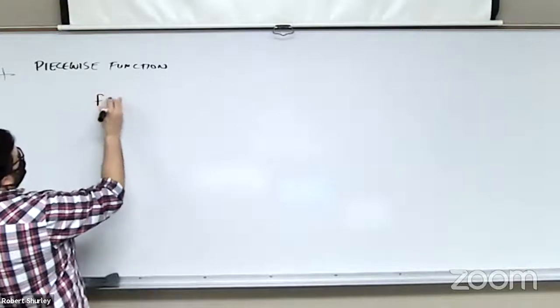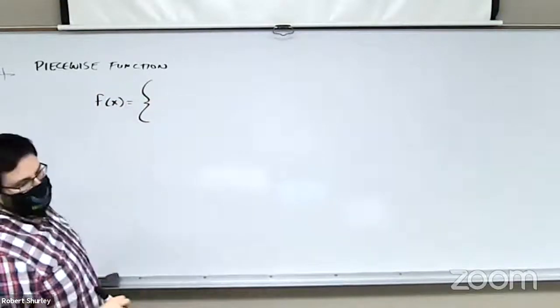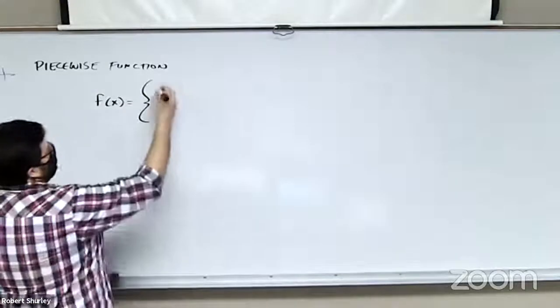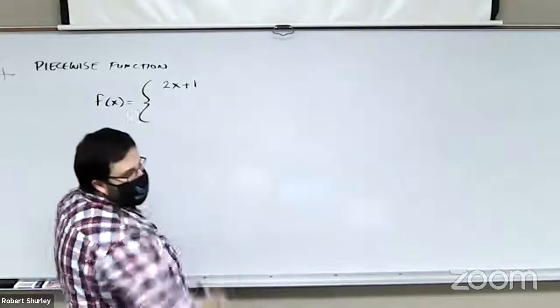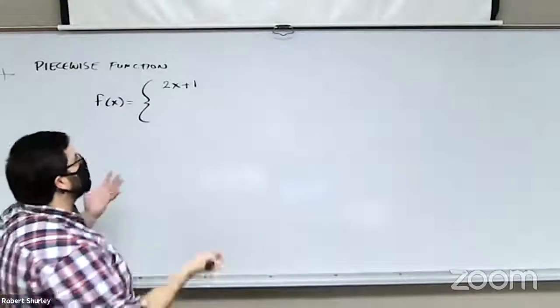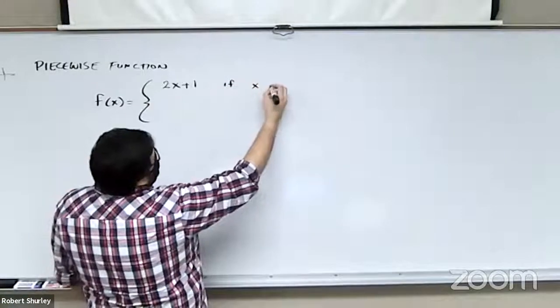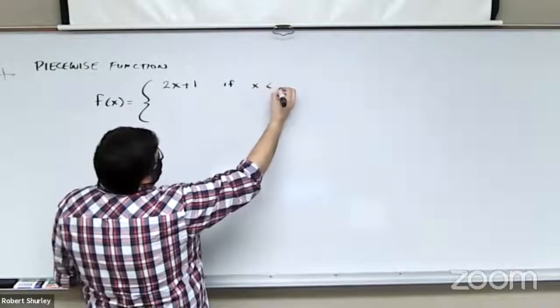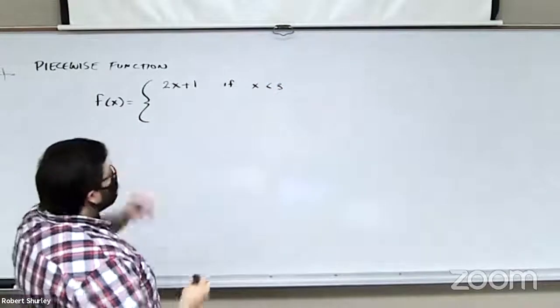Let's say we had f of x equals, and then we'll do two functions. Let's say we've got 2x plus 1. And look, the next part gives everything away. Yeah, your book actually even uses the if notation. If x is, let's say, less than 3... Actually, you know what, guys?